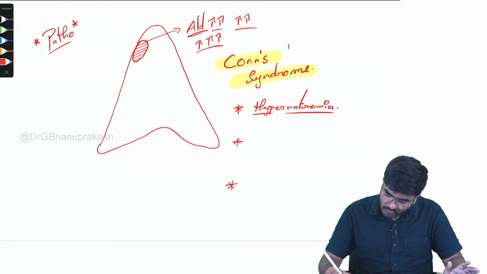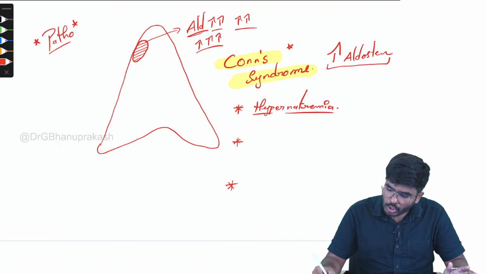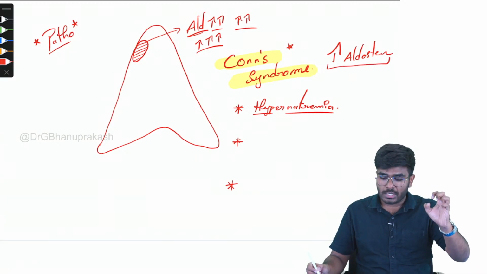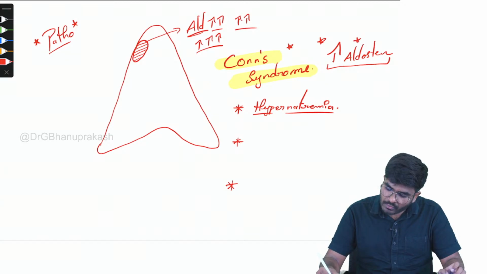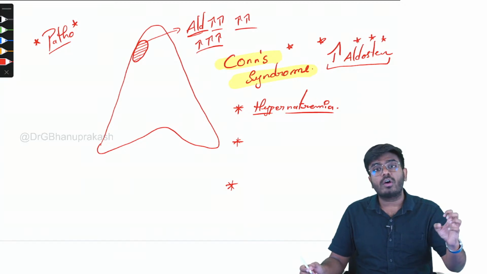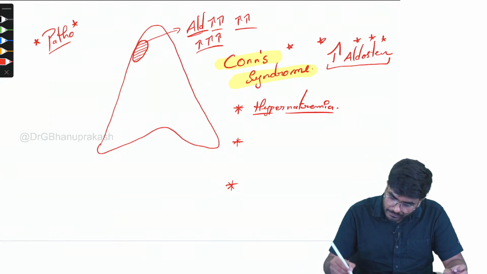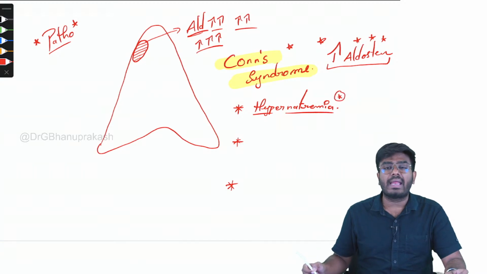When the person is suffering with Conn's syndrome, he is having excessive amounts of aldosterone. We all know aldosterone helps in sodium reabsorption. So this excessive aldosterone will reabsorb more sodium into the body. That will cause hypernatremia.